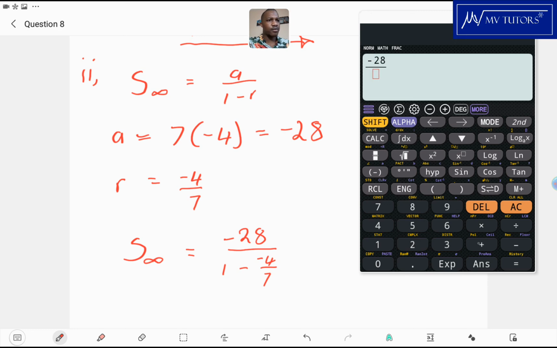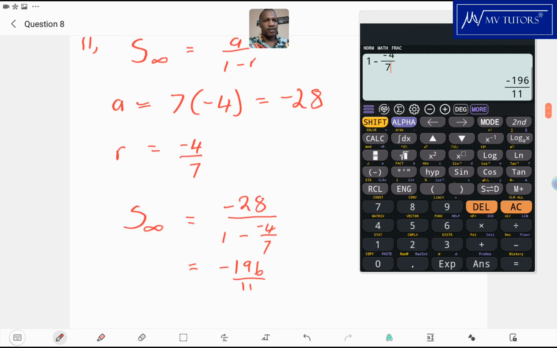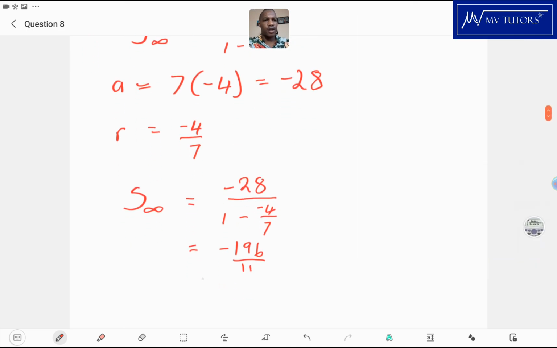Then 1 minus another fraction, which is minus 4/7. Okay, so that gives us minus 196 divided by 11. All right, so that is our final answer. Thank you so much. Hope you understood.